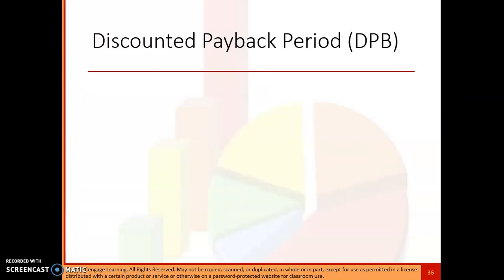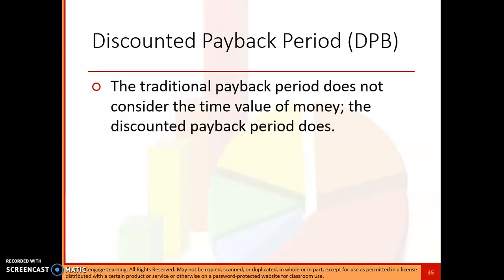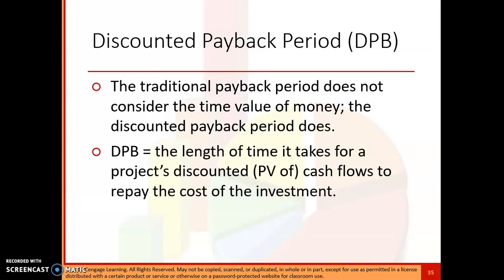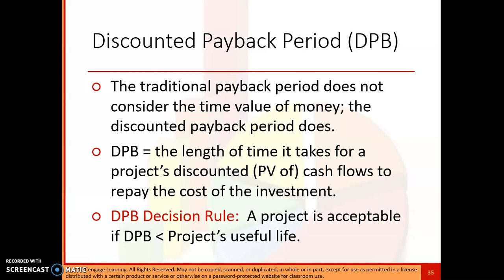Discounted payback utilizes the same methodology, except we incorporate the time value of money. Discounted payback period is the length of time it takes for a project's discounted cash flows to repay the cost of the investment. So the decision rule is discounted payback period less than the project's useful life. We're going to use our discount rate as the firm's cost of capital.